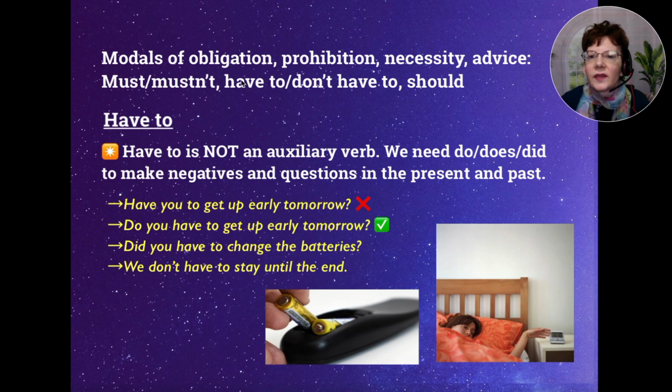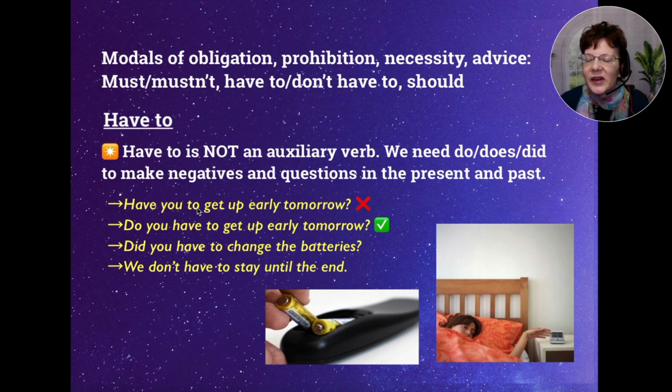Okay, so these are modals of obligation, prohibition, necessity, advice, and things like that. So must and mustn't speak about prohibiting, have to and don't have to express obligation, and then should is for advice.